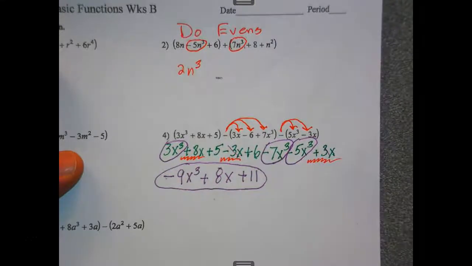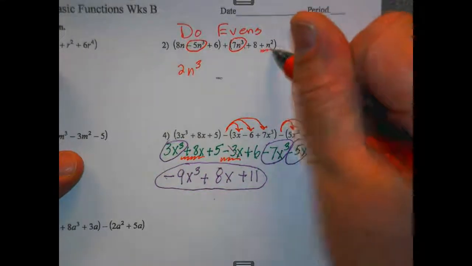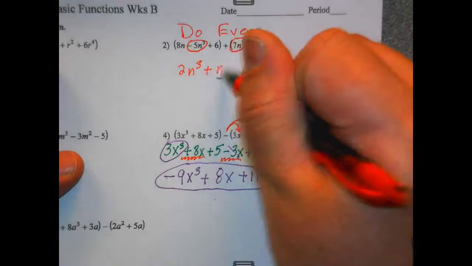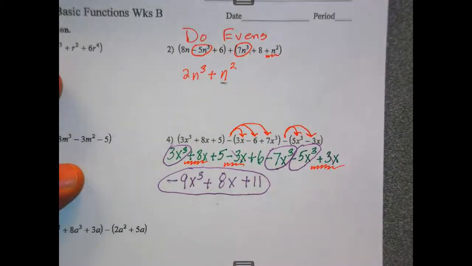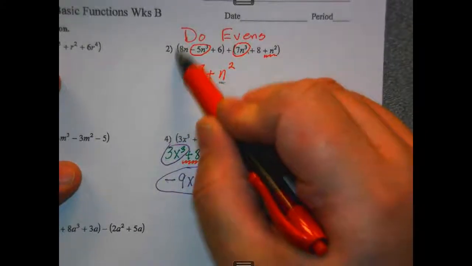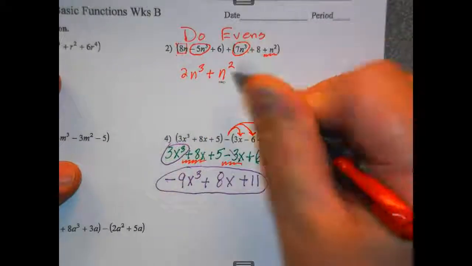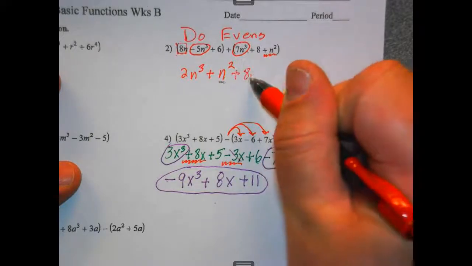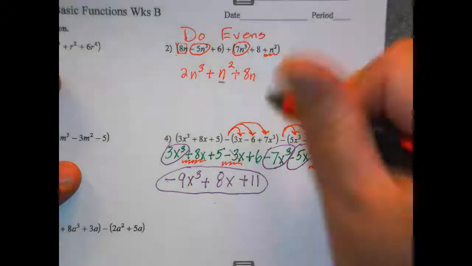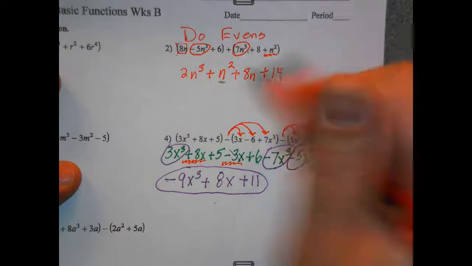Let's see, there is an n squared, plus n squared. There's an 8n over here, plus 8n, plus 14. Very good.